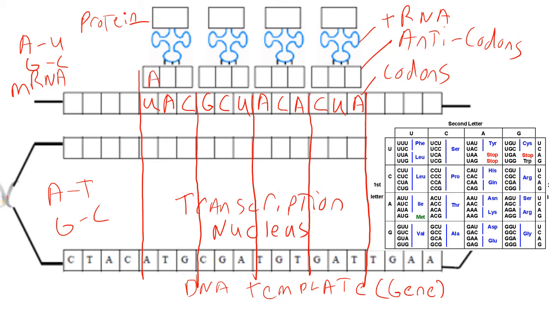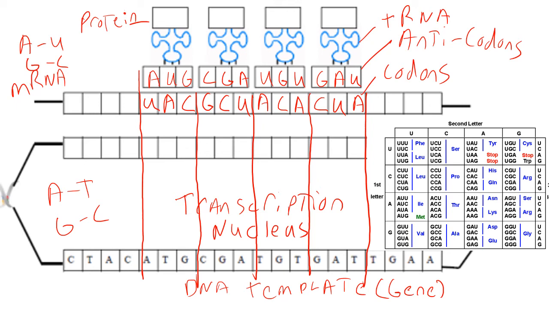U would bond with A using the base pair rule AUGC. A with U, C with G, G with C, C with G, U with A, A with U, C with G, A with U, C with G, U with A.